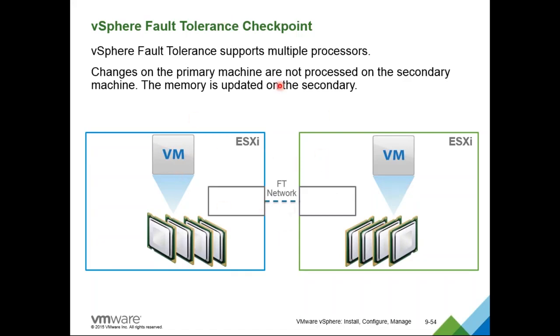While deploying fault tolerance, you have to enable a separate fault tolerance management network on your ESXi host network. You have to dedicatedly allocate a fault tolerance network. Using this fault tolerance network, your checkpoint traffic will be transferred between your fault tolerance enabled virtual machines.